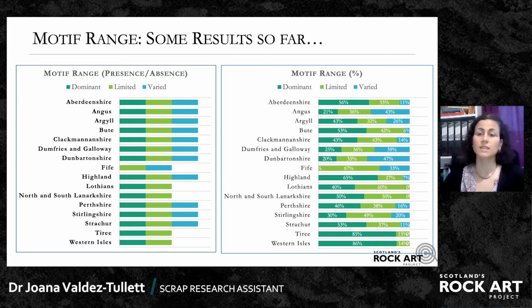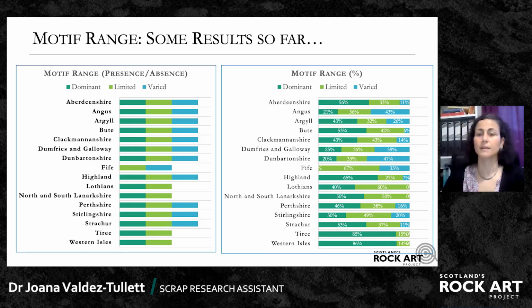So in these charts, we can see that in the majority of cases, the compositions were carved with limited numbers of motifs, so between 2 to 4 types, followed by a prevalence of dominant types of compositions with just one type of motif. This means that they were carving the rocks with the same types of motifs, regardless of how many times they were copying them on the panels.